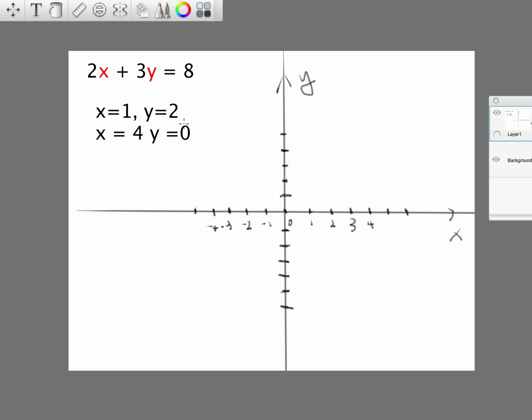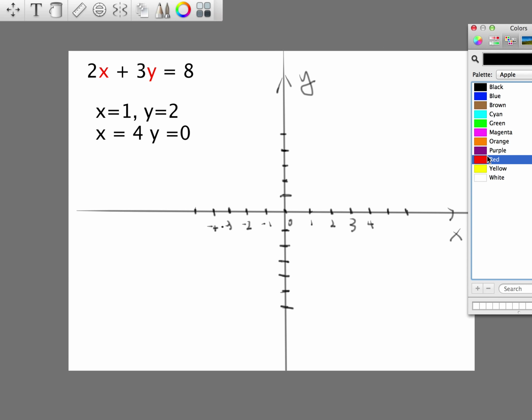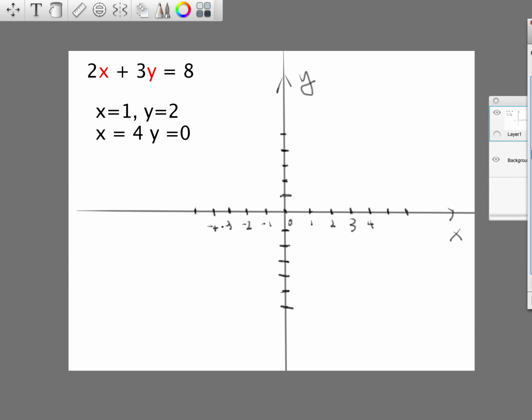Okay, let's plot this line. First point, x equal to 1, y equal to 2. So we have a point here, right?